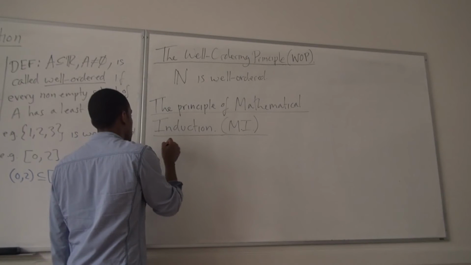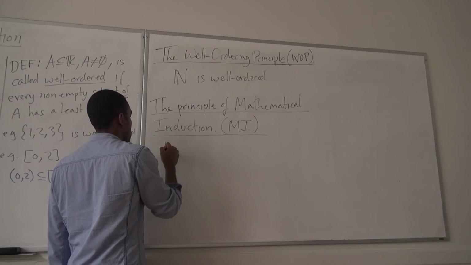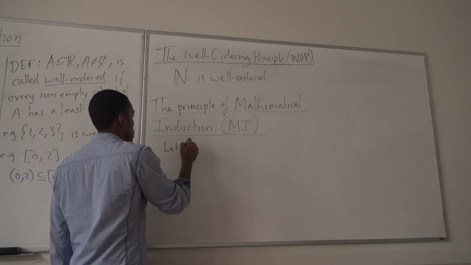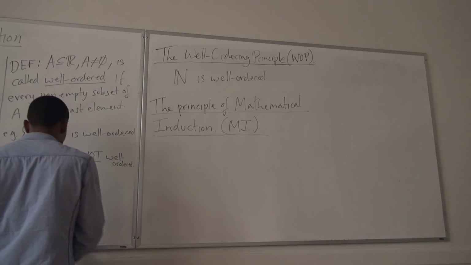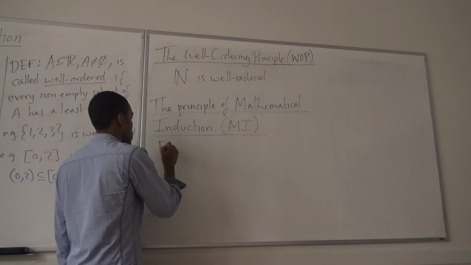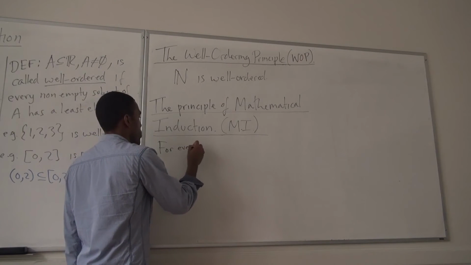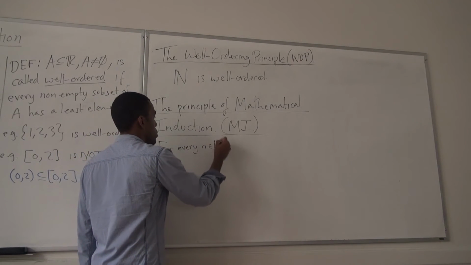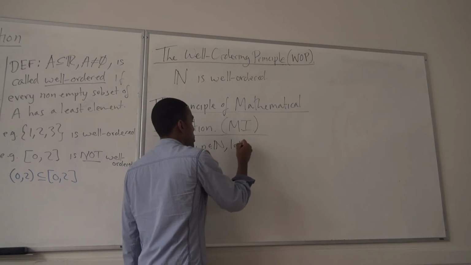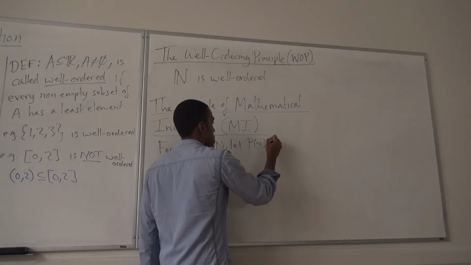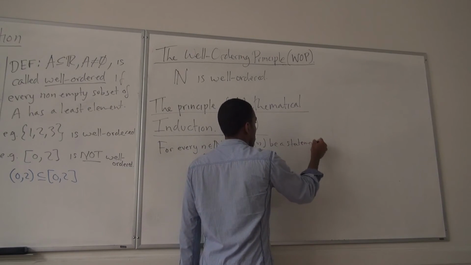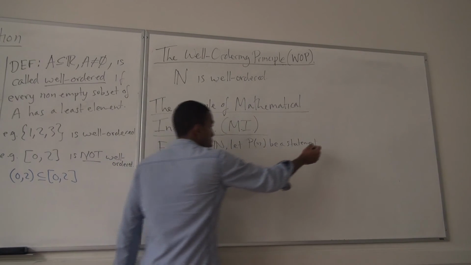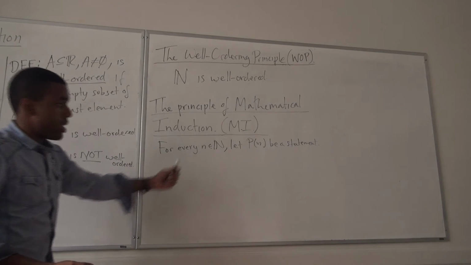So it says, for every n that's a natural number, let P(n) be a statement. So we have a statement that depends on n, right?